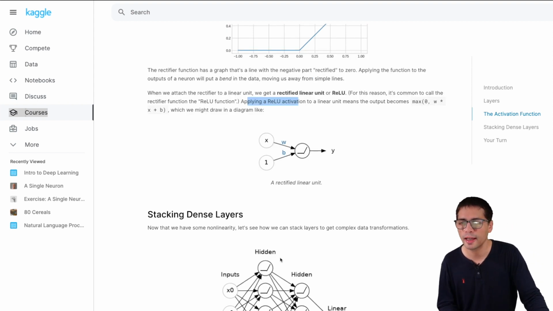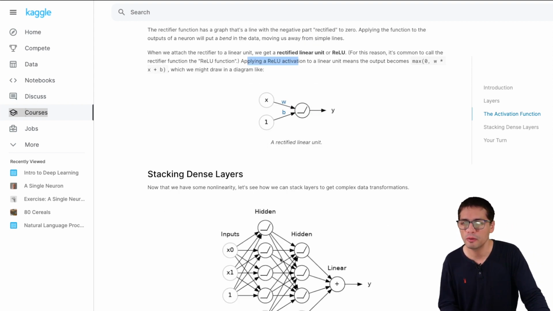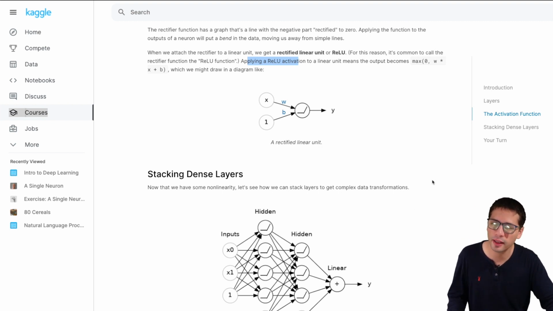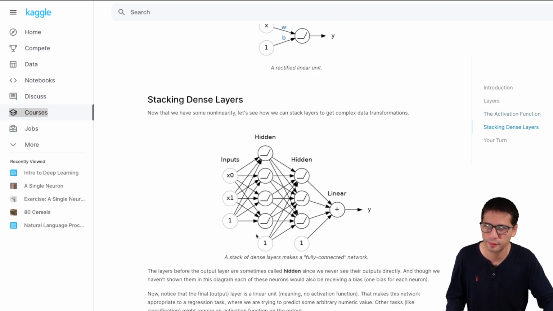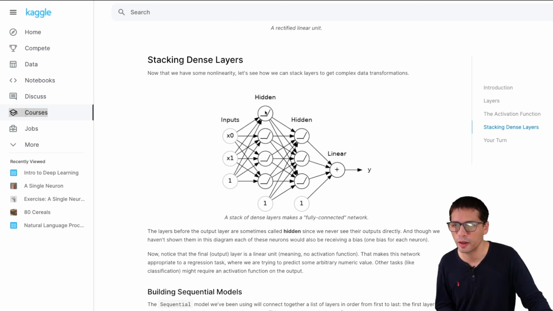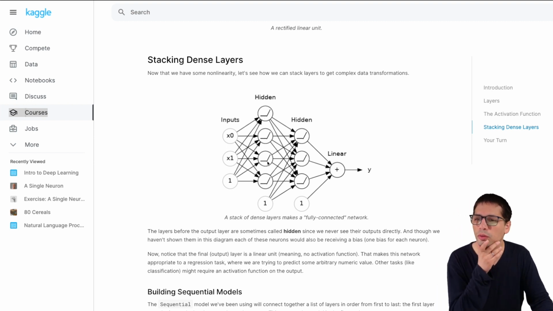Okay, stacking dense layers. Now that we have some non-linearity, let's see how we can stack layers to get complex data transformations. Let's see what this means. Inputs x0 and x1, the bias. Then these are rectified units, hidden. So rectified twice in a row.